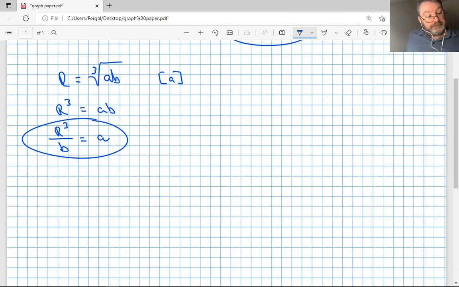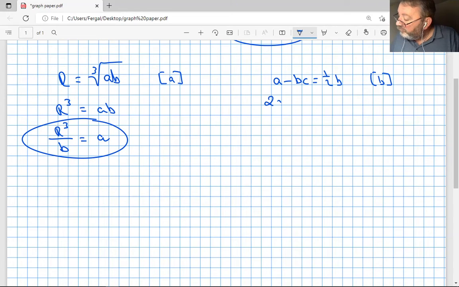Number 13. A minus bc is equal to a half b. And again, the same thing. You've got a fraction there, and they want me to get b as the subject of this equation. Okay, step number 1, clear your fractions. So I'm going to multiply all terms by 2 to get 2a minus 2bc is equal to b.